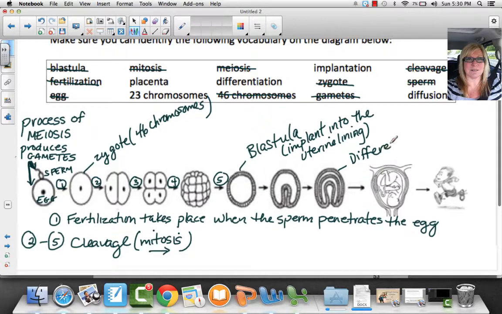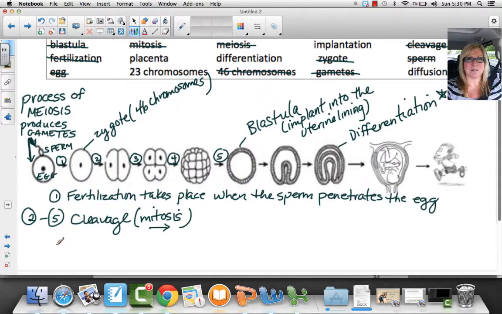They didn't make us label the gastrula. And I want to put a little star here, and then come down here.